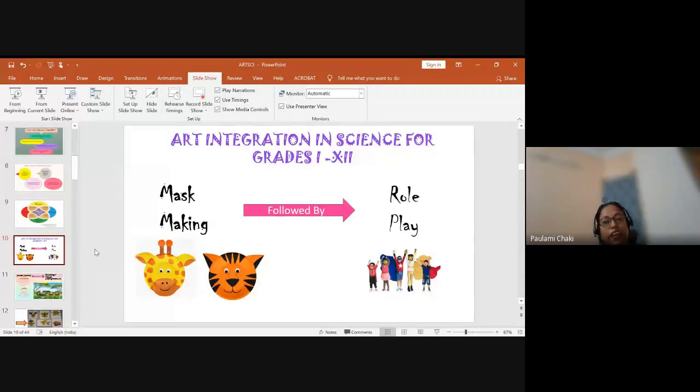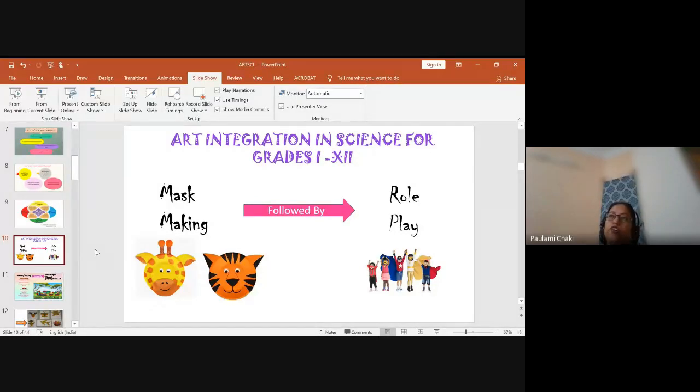So, mask making. I am going down into the younger stages of school education. In grade 2 and grade 3, we generally talk about EVS, not science, and we have multiple things to introduce to them.